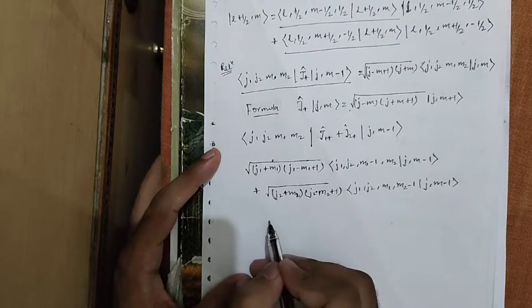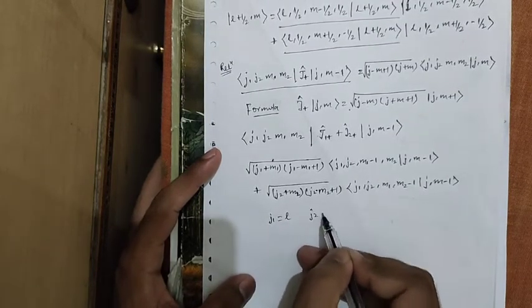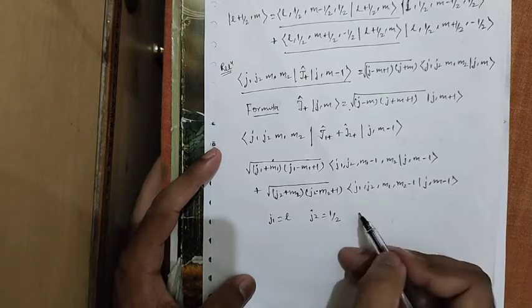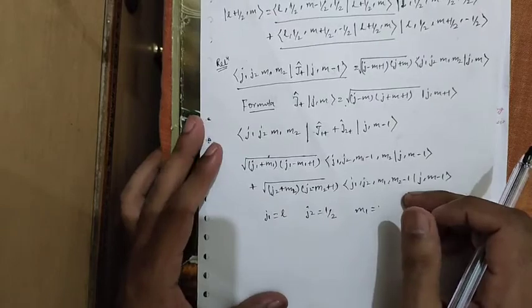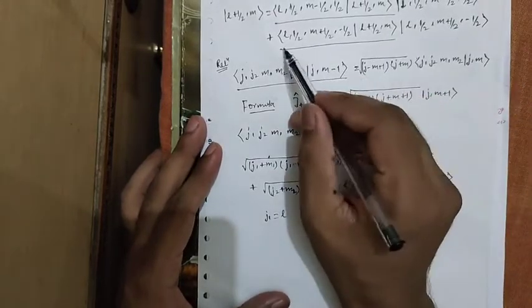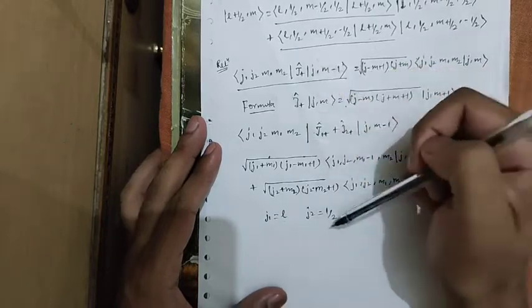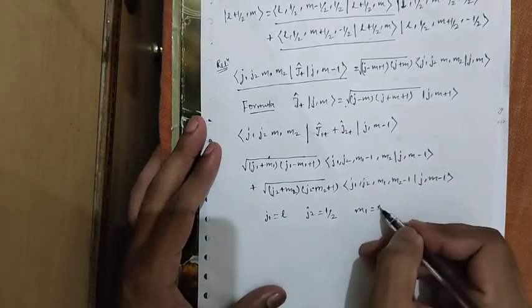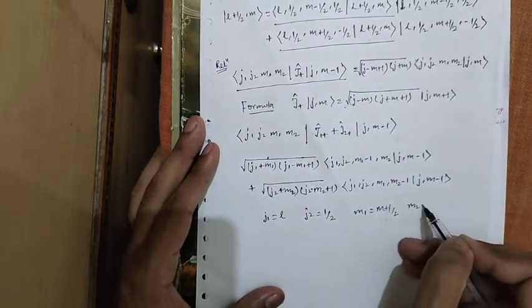Now substitute the values of j1, j2, m1, m2. As we know, j1 is L, j2 is half, and, as we are talking about only this case, m1 is m plus half and the value of m2 is minus half.